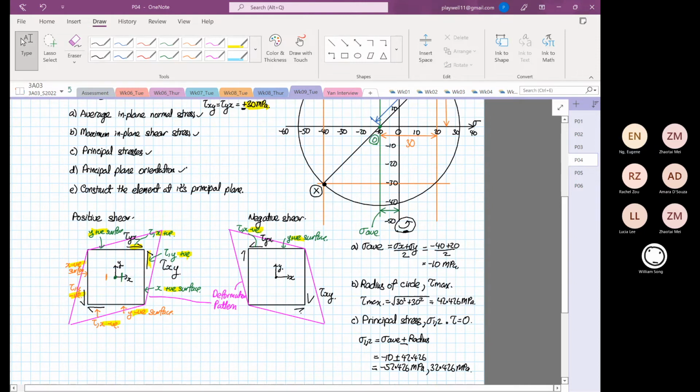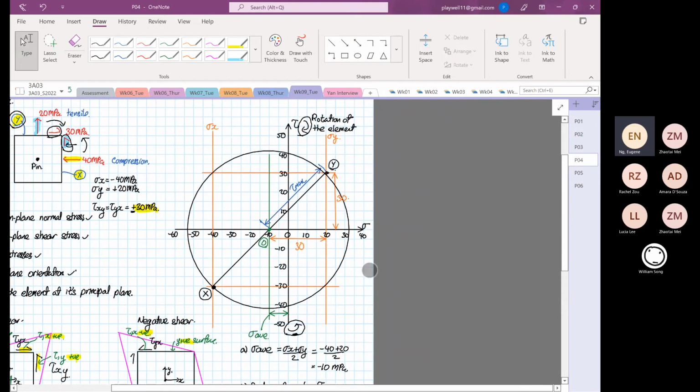Okay, so the principal plane orientation is basically it can be from point Y to the normal stress axis, and we are going to call this 2 theta P. Okay, or it can be from point X to the normal stress line, and this is also 2 theta P. Either one that you use, the answer will be the same.